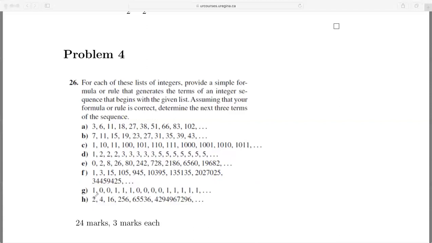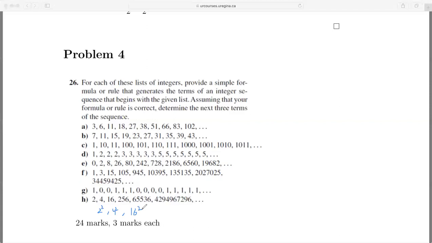So H here, it's 2 and then the next one is 4, so that means 2 squared. And the next one is 16, so that means 4 squared. The next one 256 means 16 squared.